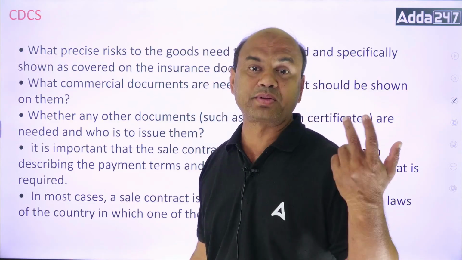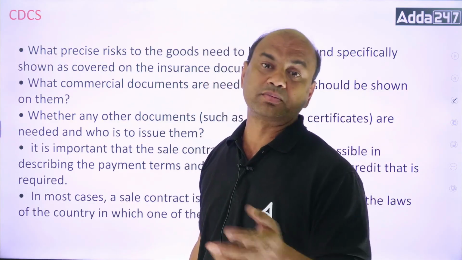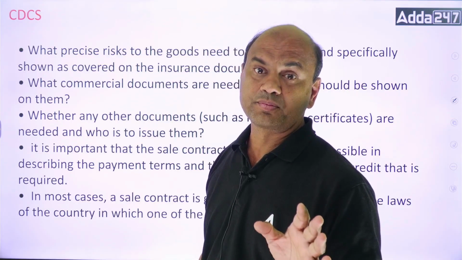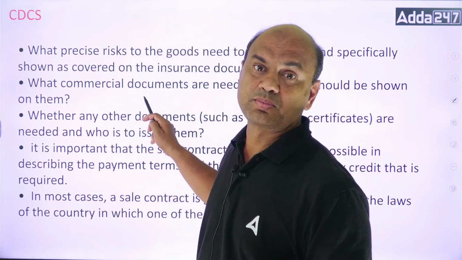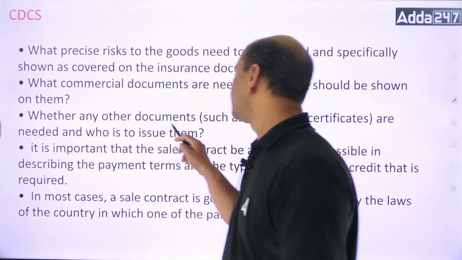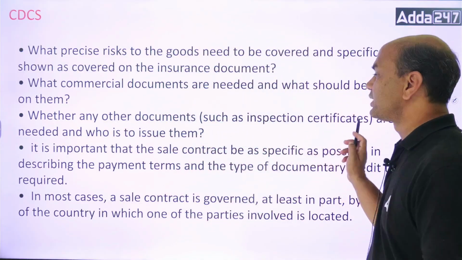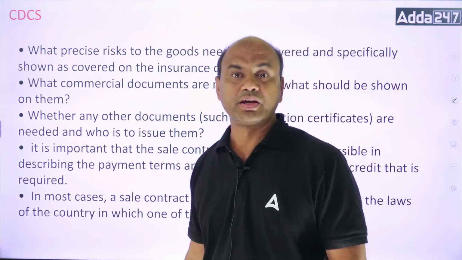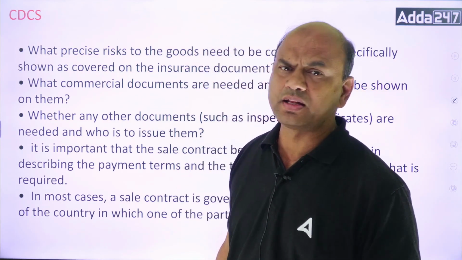You require some lab certificate, you require some other certificate from some government body, anything, whichever you want, you should be very clear in that. Whether any other documents such as inspection certificate are needed and who is to issue them. Inspection, lab testing, any.